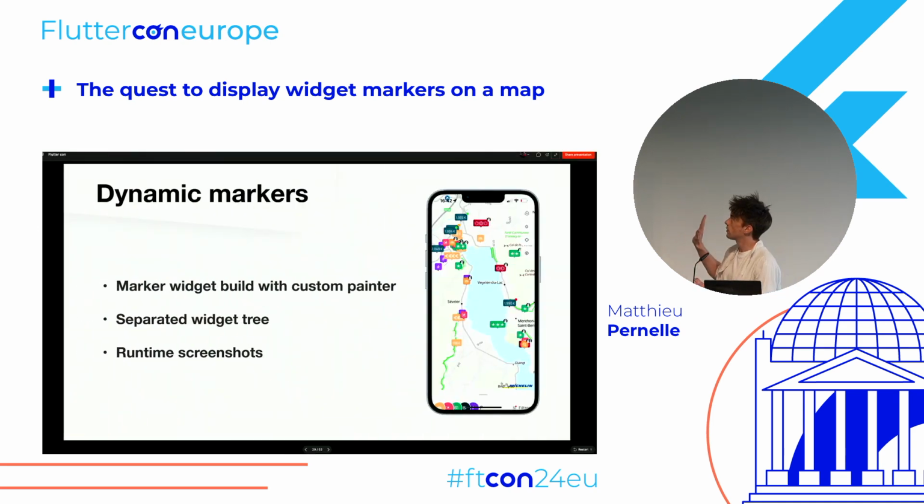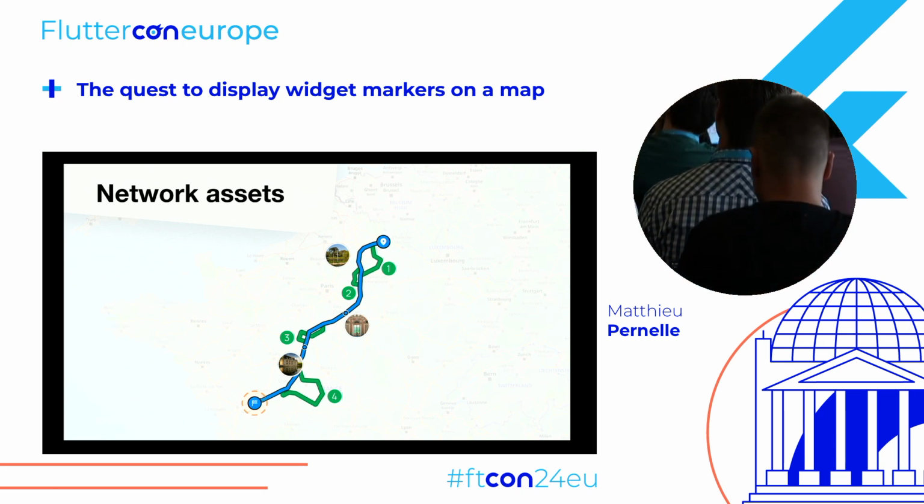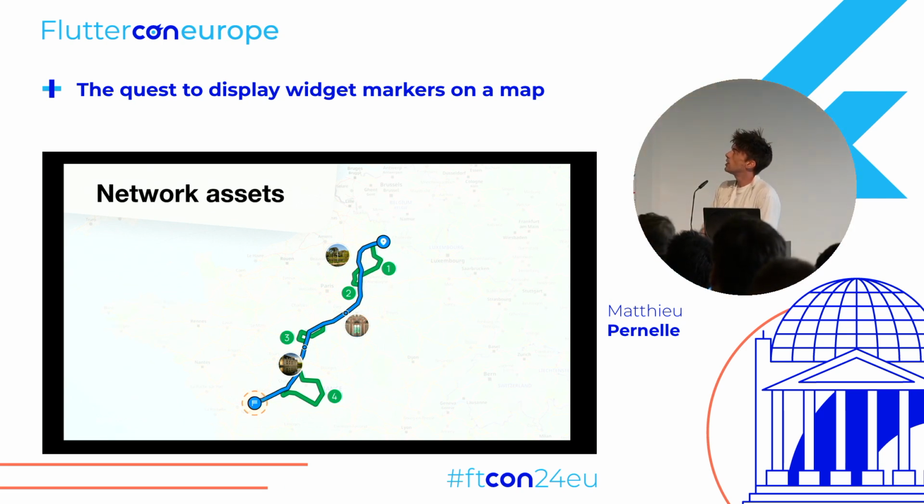So at this point, we are pretty proud of ourselves, the engineering team, but maybe you guessed it, the product came to us again with a new requirement. This time, we have to display images of touristic areas directly on the map, and all the images are coming from the server.